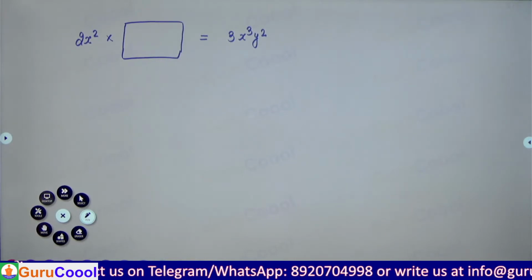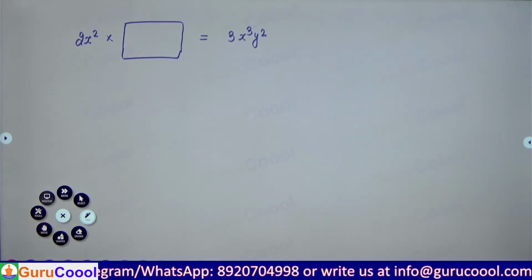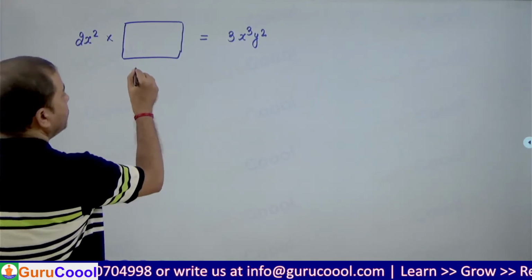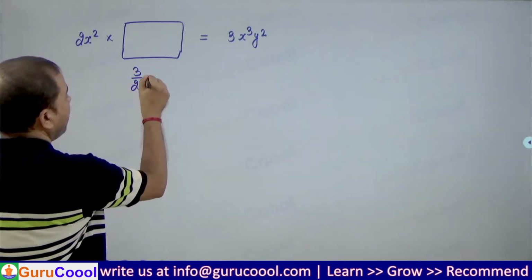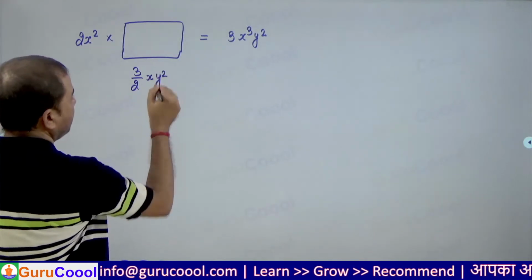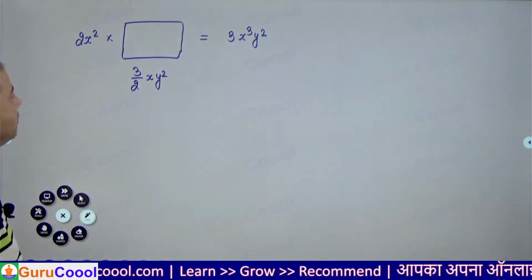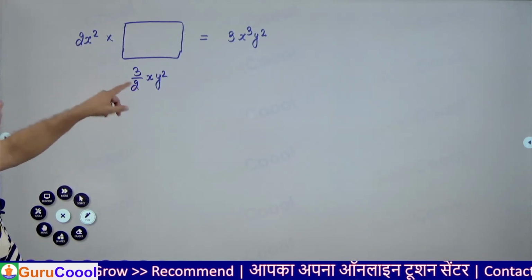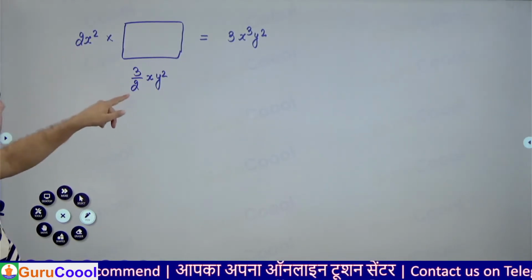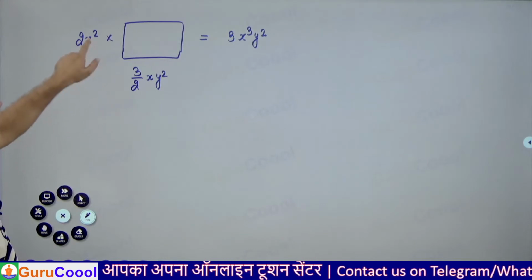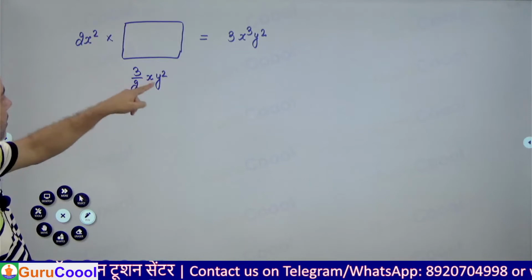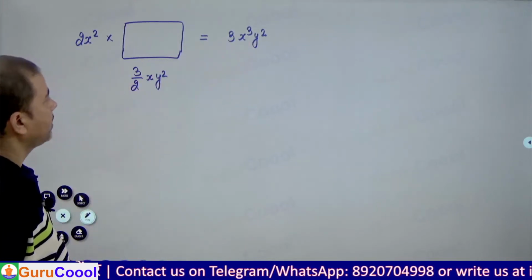Sir, 3 by 2 x y square. You said 3 by 2 x y square, right? Yes, sir. Okay. So when you multiply these two, 2 will cancel because numerator and denominator, x square into x will make x cube, and y square will make y square here. Yes, that's right.